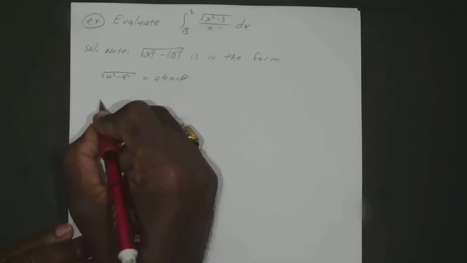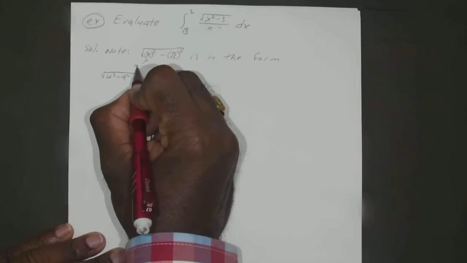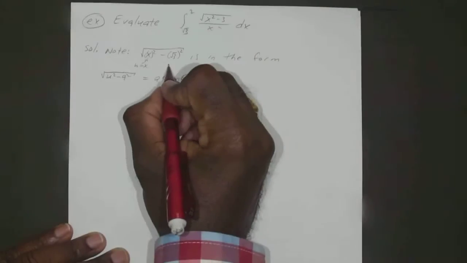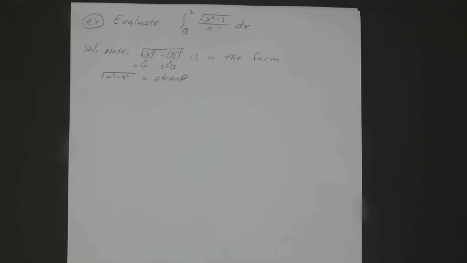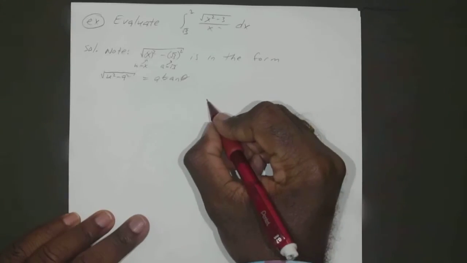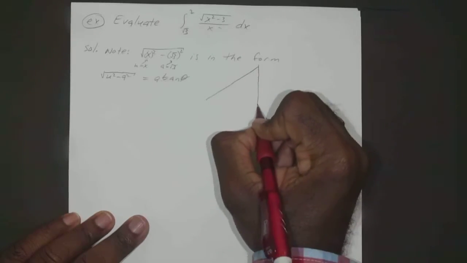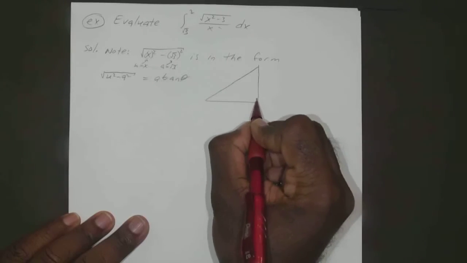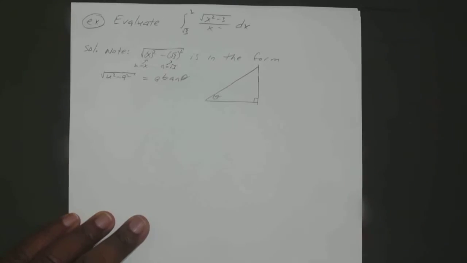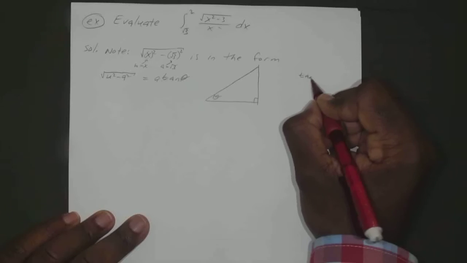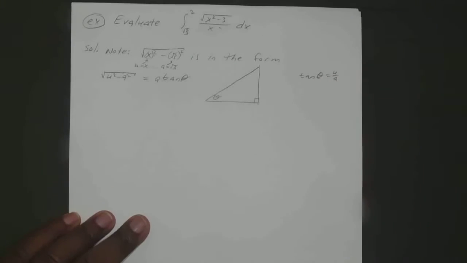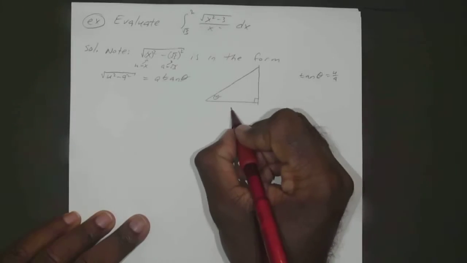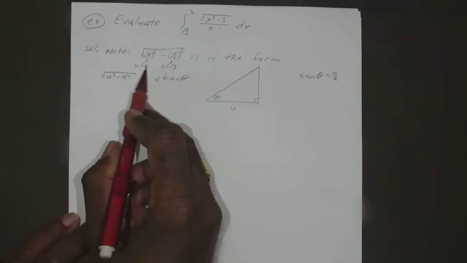All right, so in this case, our u is equal to x, and our a is equal to square root of 3. Okay, so we can go ahead and draw a triangle. We know that tangent of theta is u over a, so you have adjacent, and our u is equal to x.